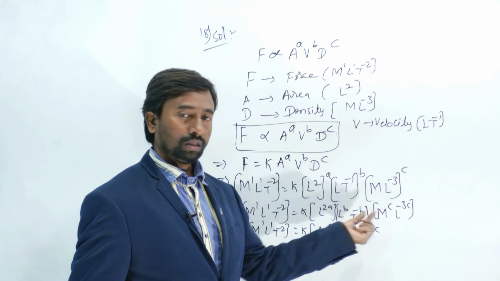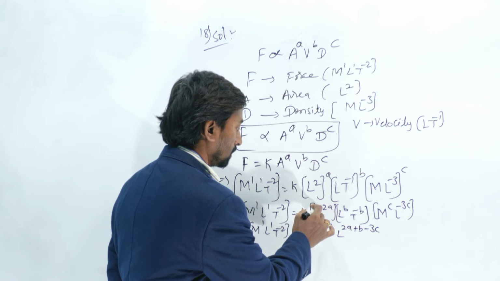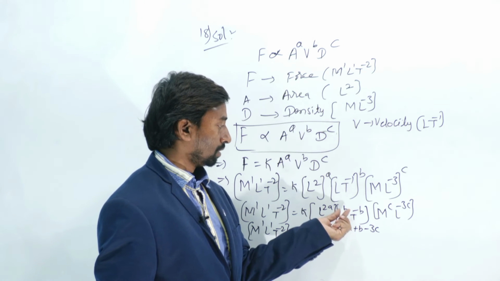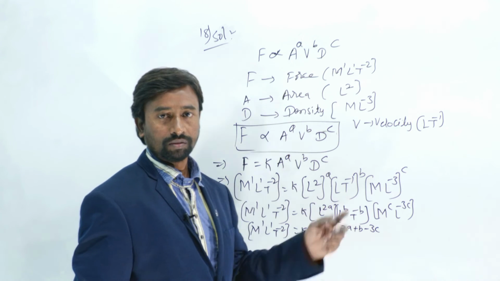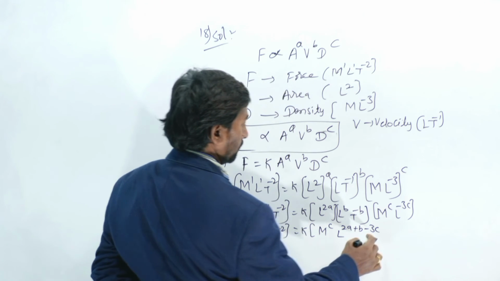Bases are equal, so powers can be added: L power 2a into L power b into L power minus 3c means L power 2a plus b minus 3c. And the next term is T power minus b.